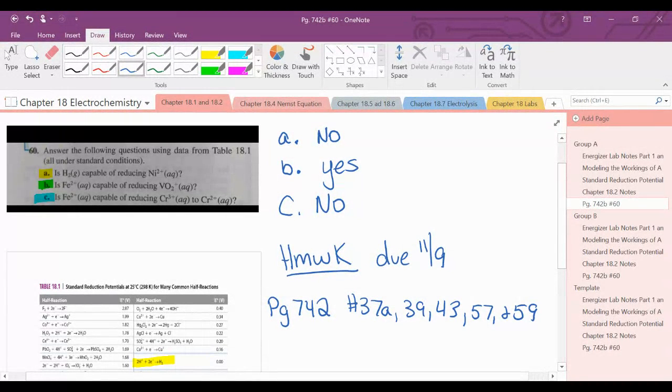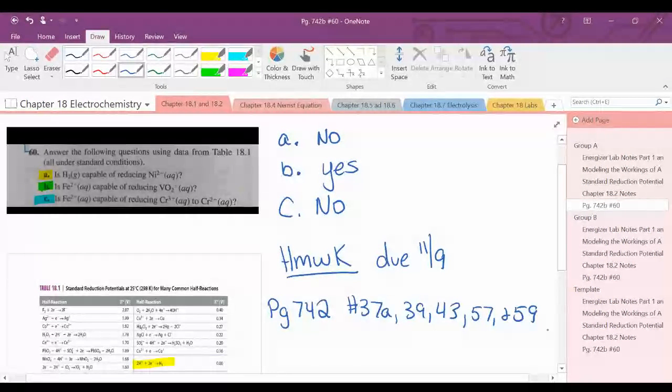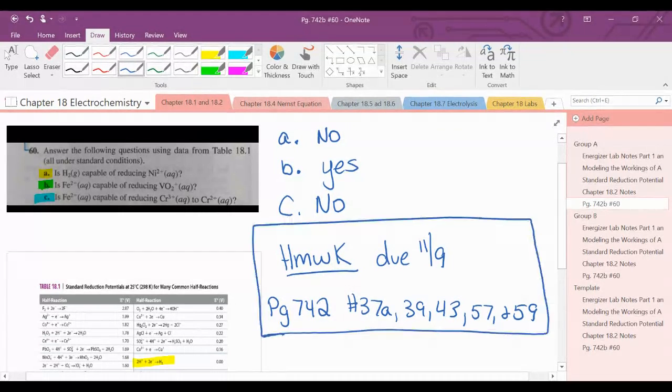You're not going to submit it online, you're just going to do it on a sheet of paper, bring it in, and I'll check it when I check the silver problem from the modeling packet. If you have any questions or concerns, please send me a message in Schoology.